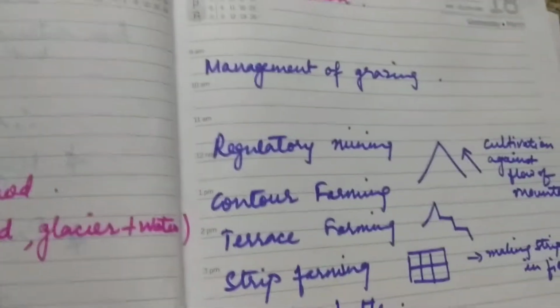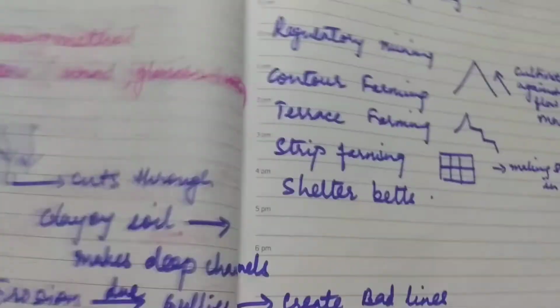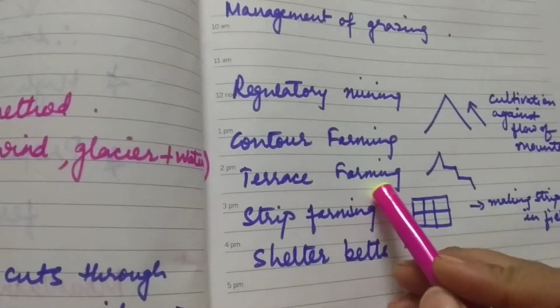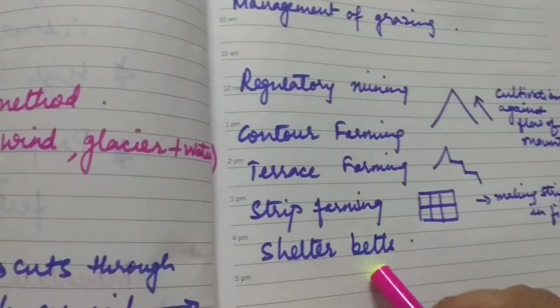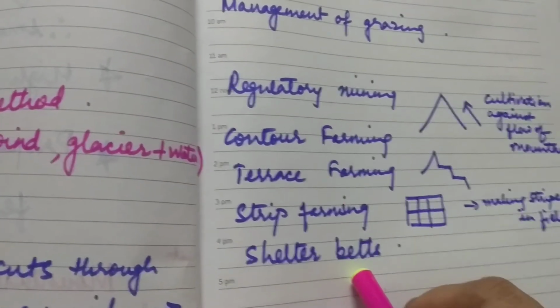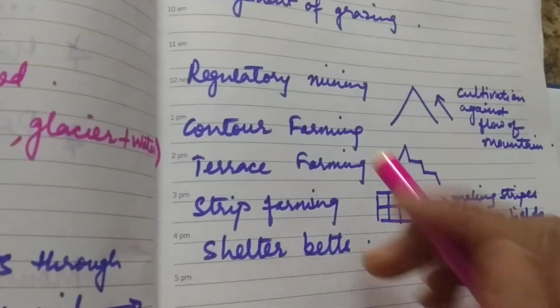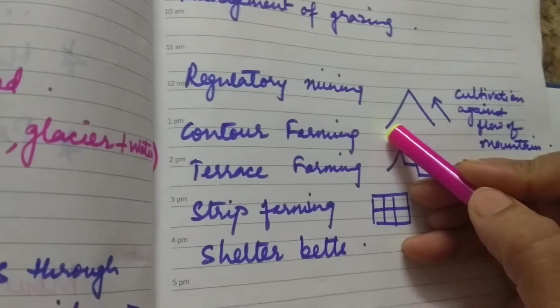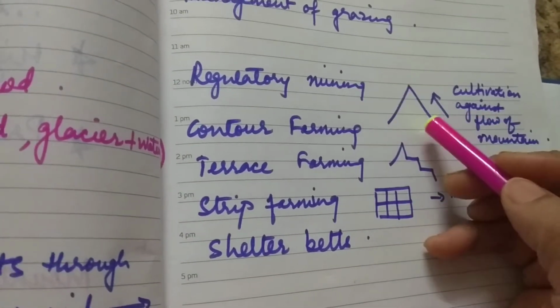So for regulating the defective farming methods, we can do contour farming, terrace farming, strip farming and shelter belts. Now let's see what these are one by one. What is contour farming? Contour farming is farming done against the slope.